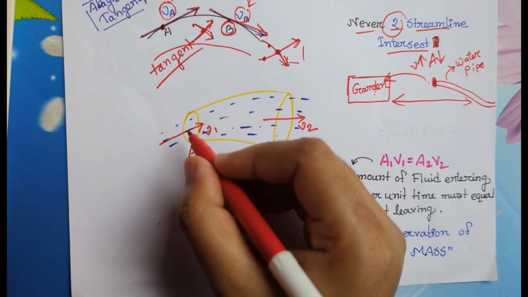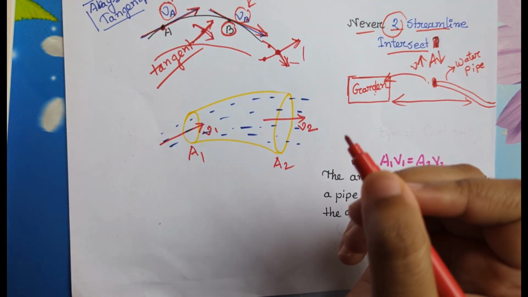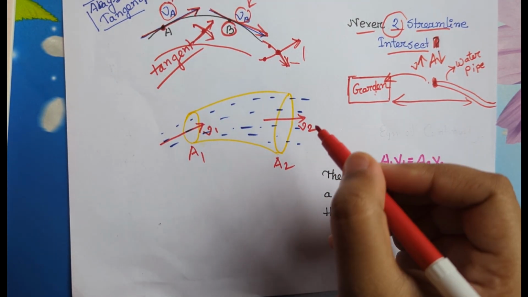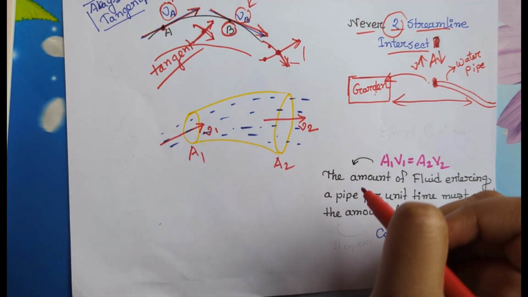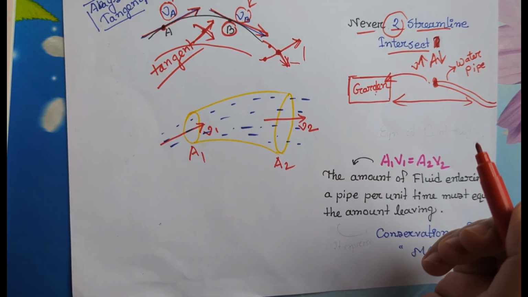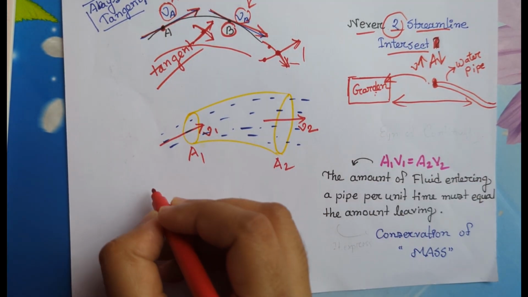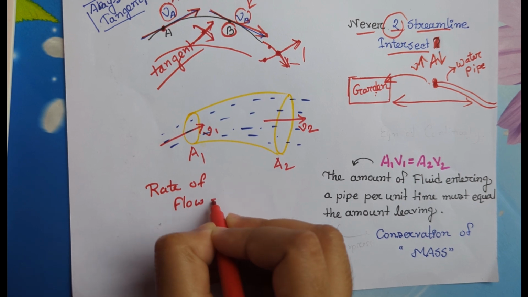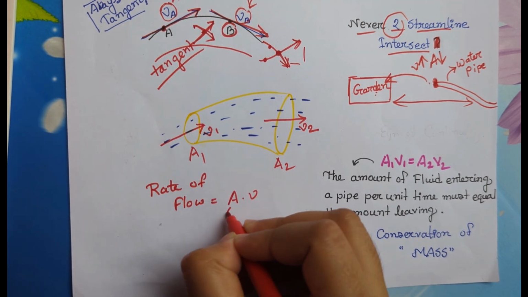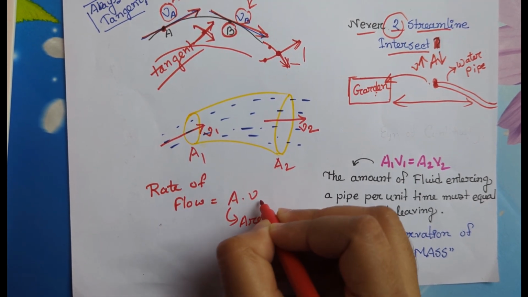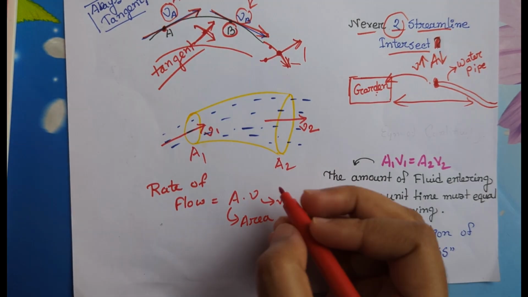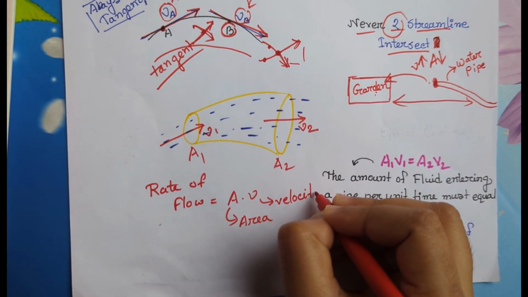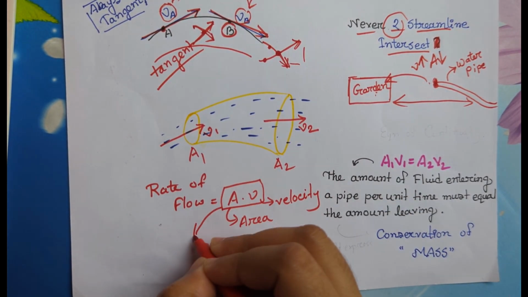The volume of water entering through A1 is the same volume leaving through A2 in unit time. As it is constant, the rate of flow of the fluid will be A into V, where A is the area and V is the velocity, and this remains constant.